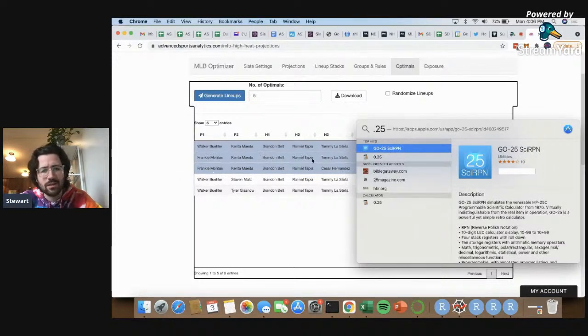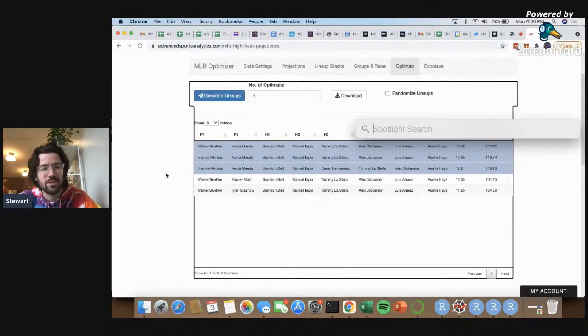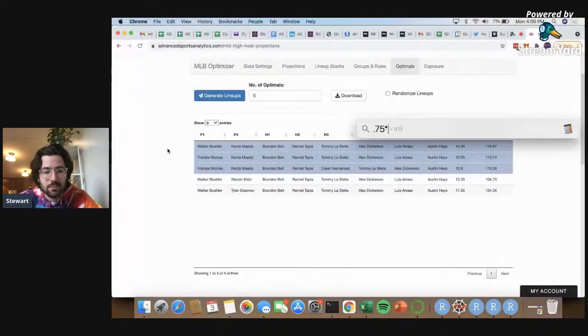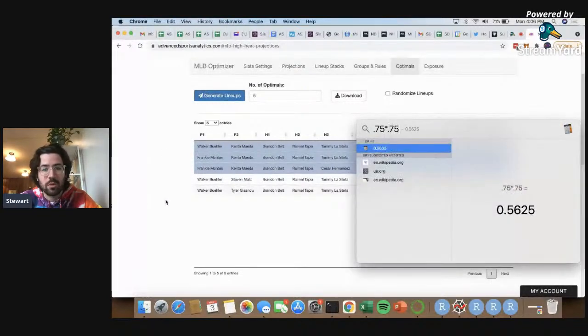I don't know. Yeah, that's tricky math. But so you have 75% Maeda, and then he is reduced by 25% of 75. So it'd just be 0.75 squared. So now on your fourth build, you have 56% Maeda.